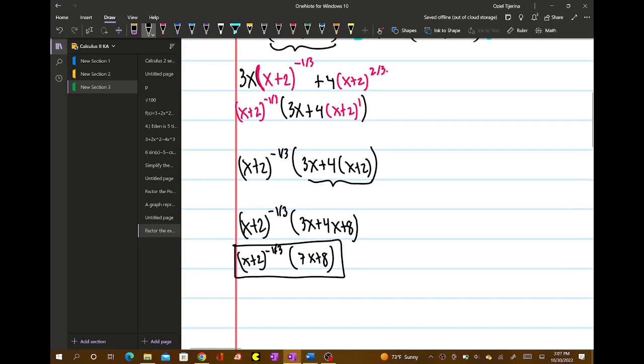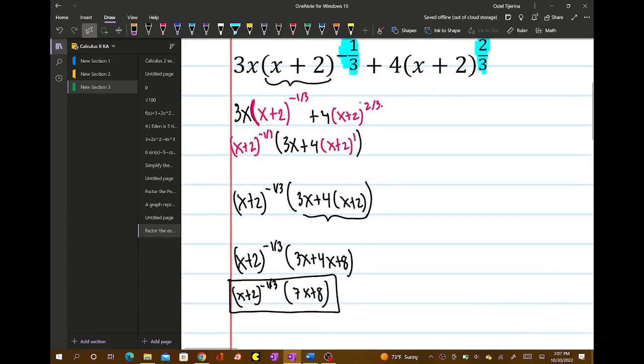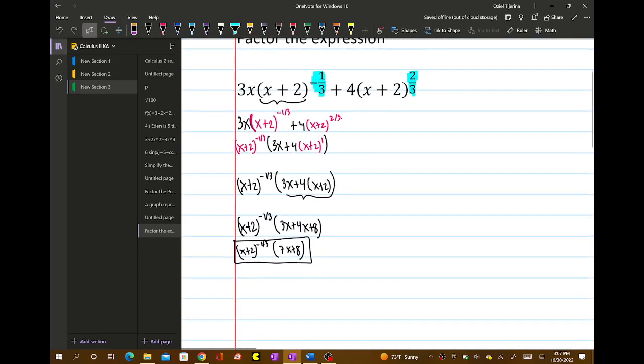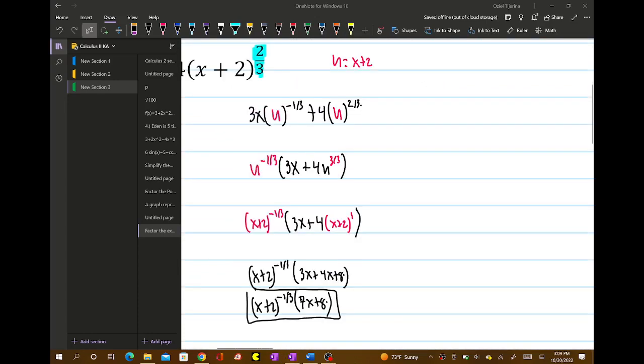So the idea is we just have to treat it like a polynomial. This is another way you can do it, by u substitution. I made u equal to x plus 2, and you're just factoring u out.